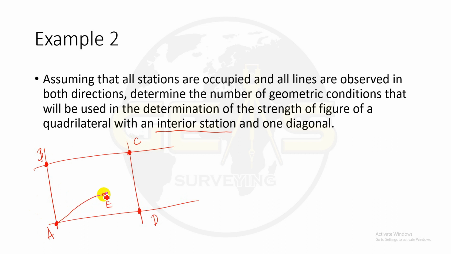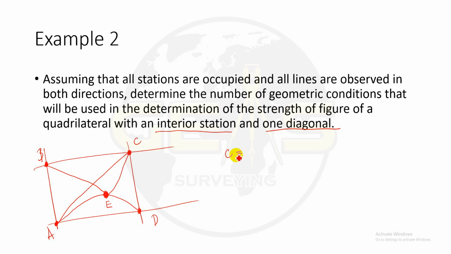And all lines are observed. And 1 diagonal. Okay. Let us determine the number of geometric conditions.